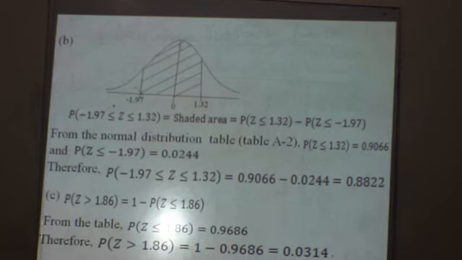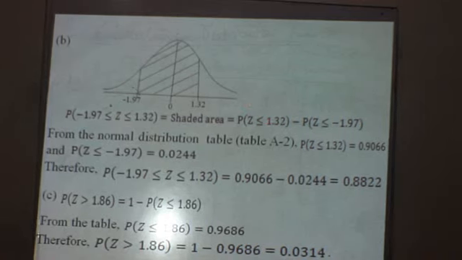Now with this, we move on to the normal distribution table and find the area cut off by these values. Let's first go to the normal table and find the probability that Z is less than 1.32.